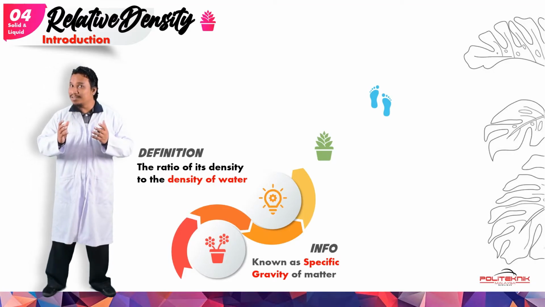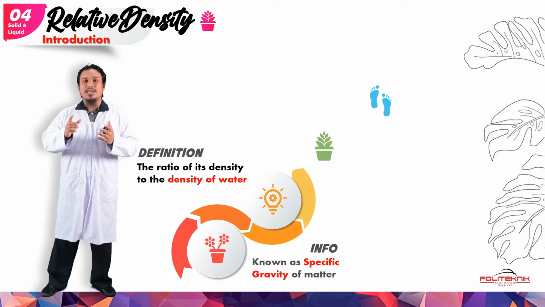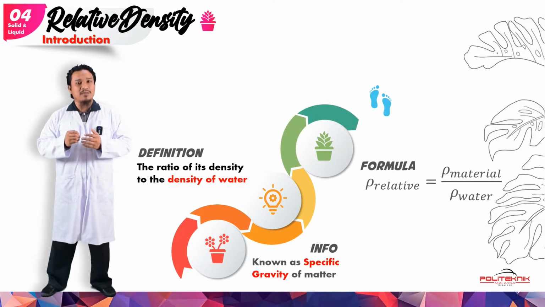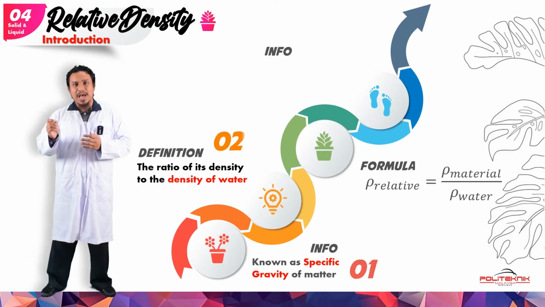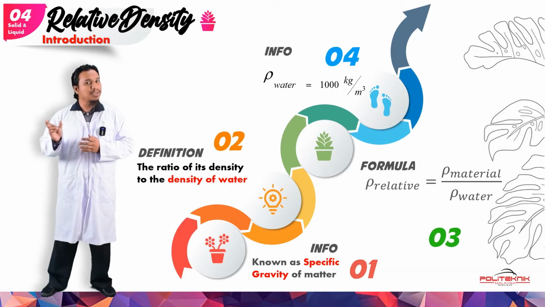The density of water, raw water, equals 1000 kilogram per meter cube. And the formula for relative density, rho relative, is the density of material divided by the density of water. Again, what is the density of water?